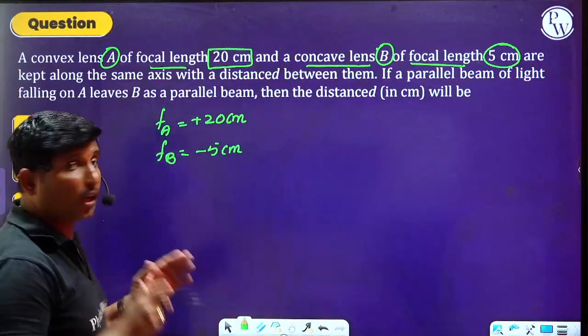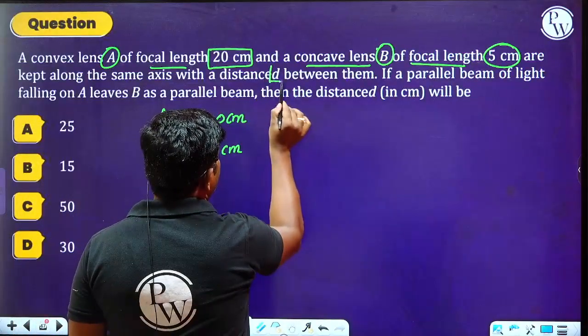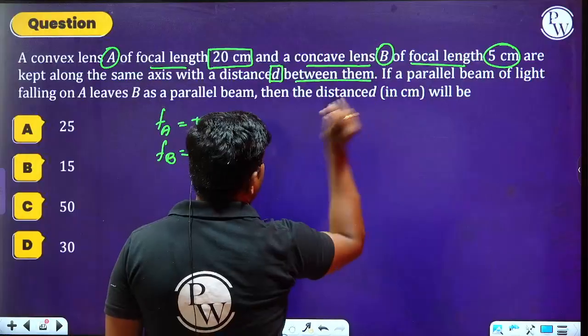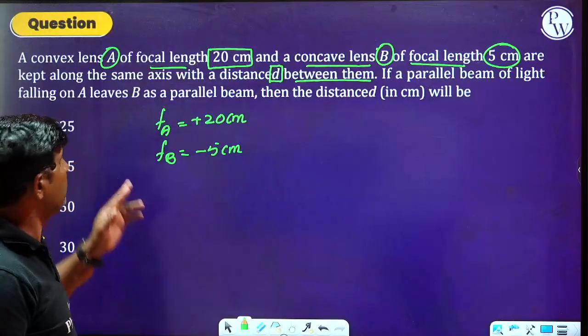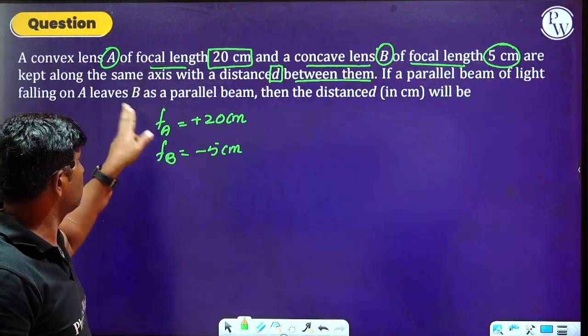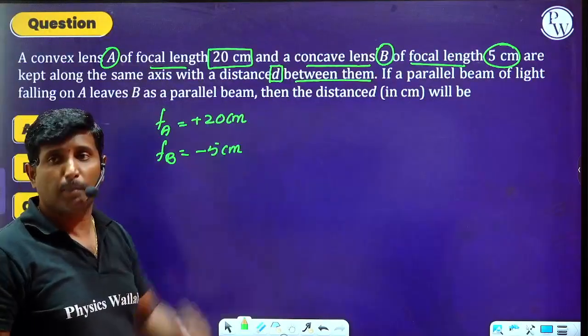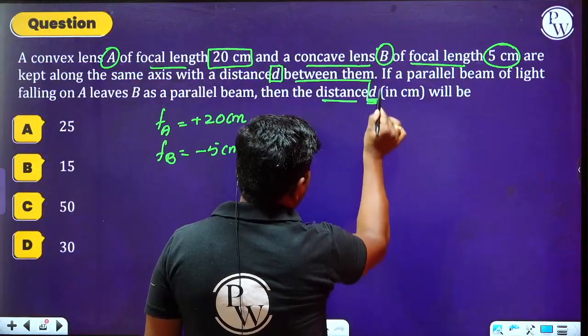They are kept along the same axis with a distance d between them. If a parallel beam of light falling on A leaves B as a parallel beam, then the distance d is.